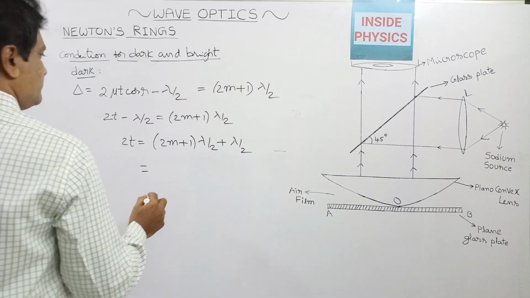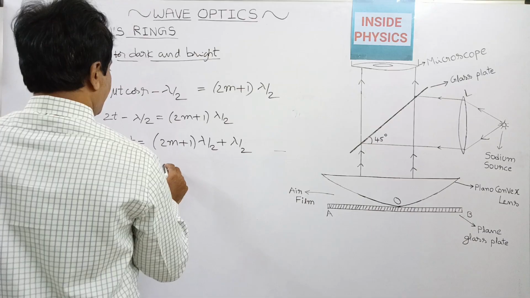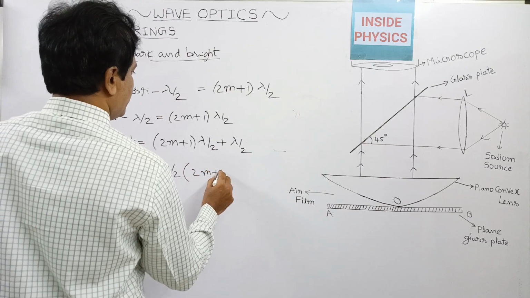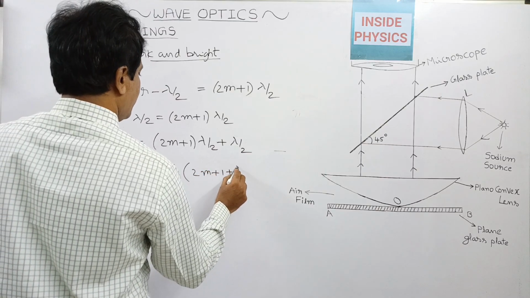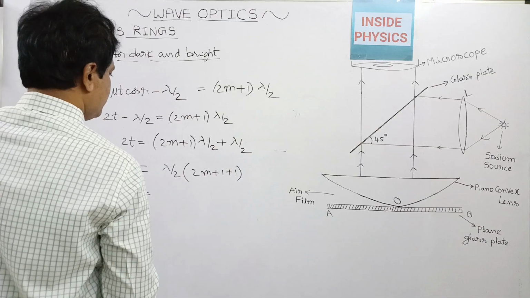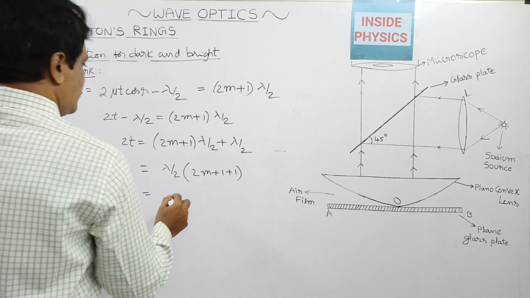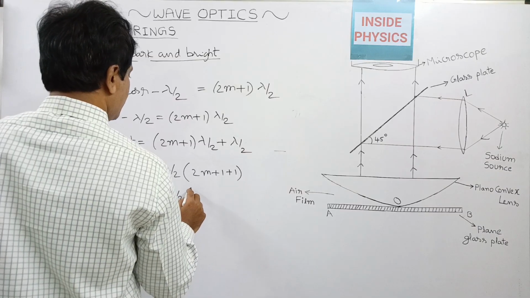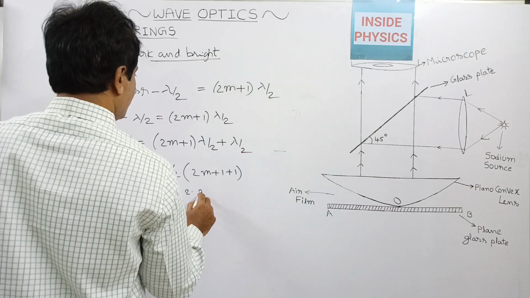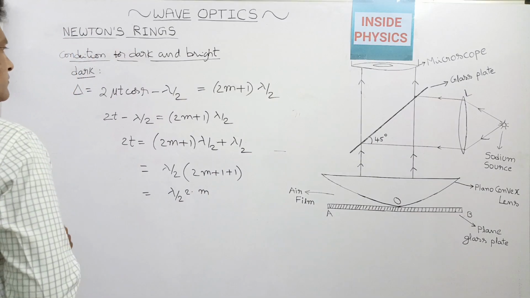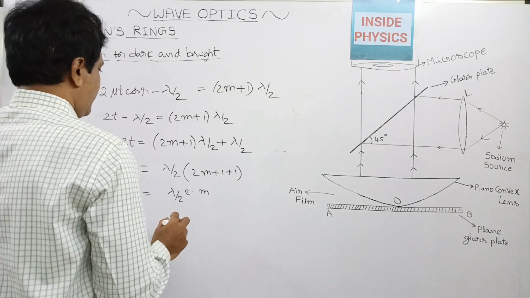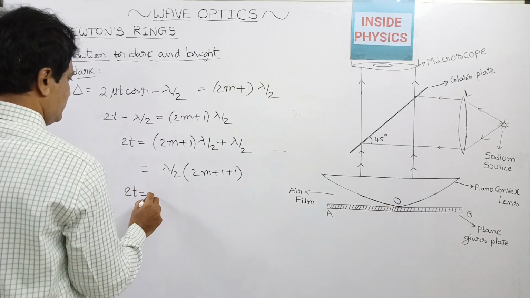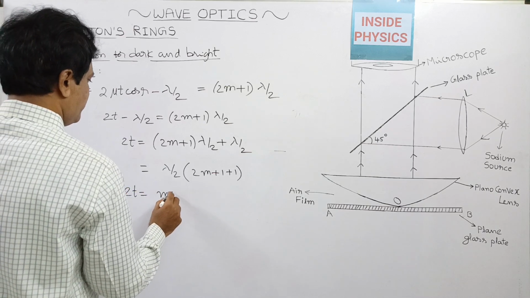If you take the lambda by 2 outside, this will become 2m plus 1 plus 1, which is 2 into lambda by 2 into m. So finally, we can write 2t is equal to m lambda.